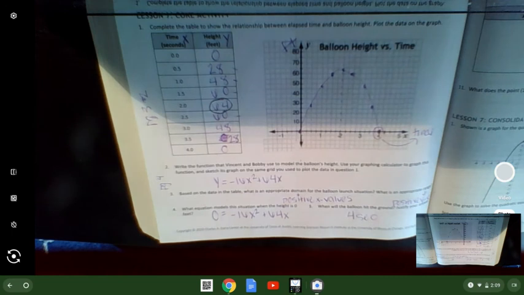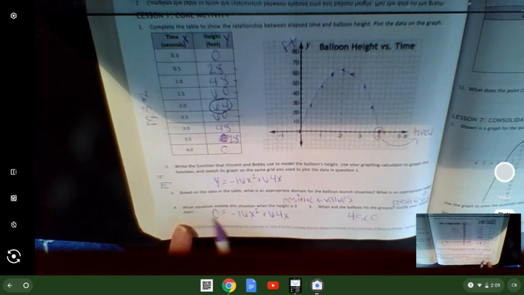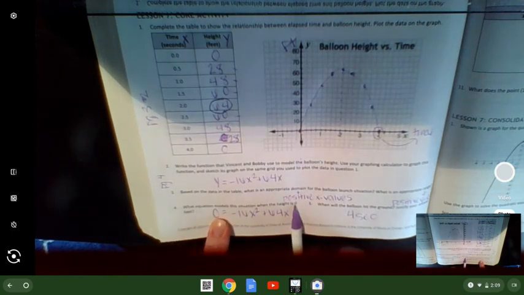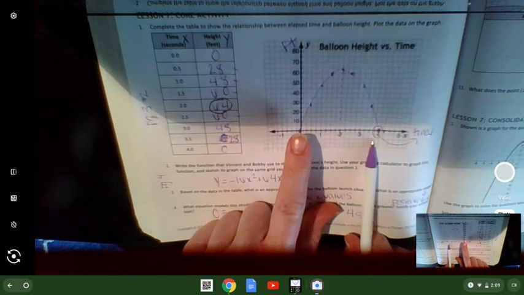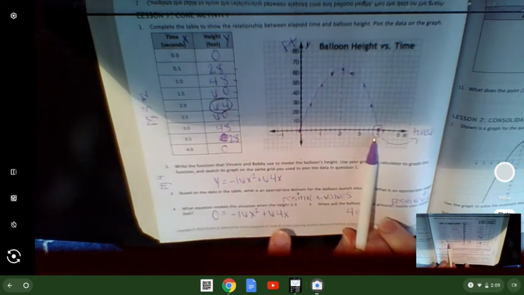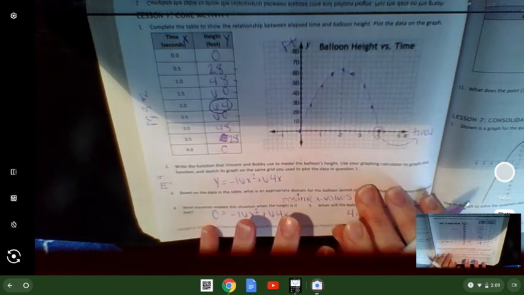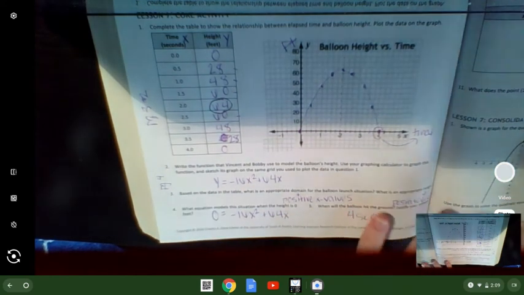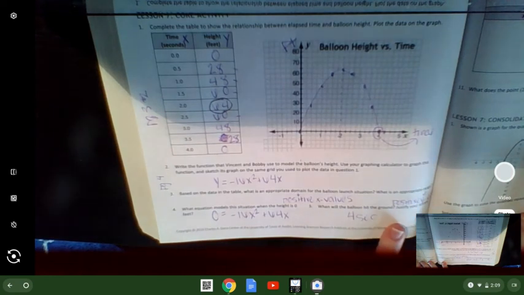So something else to consider. We have this equation that models the height of 0 feet. Look at our graph. How many times do we have a height of 0 feet? 2. So how do we solve an equation and get 2 answers? Well, we're going to focus on solving an equation on a graph for a couple more examples.